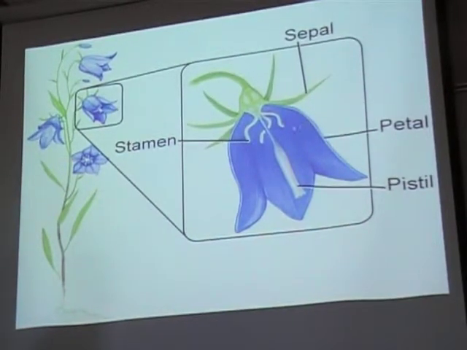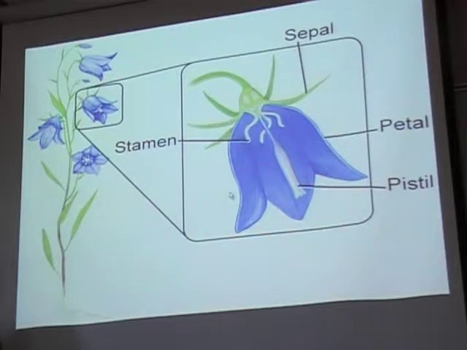Then there's the male and female parts. The stamens are the male parts that are often numerous and surrounding the center part, which is called the pistil. The pistil is the female part. So stamens are male parts, pistil is the female part. Memorize this now.